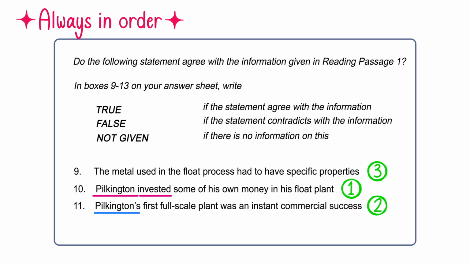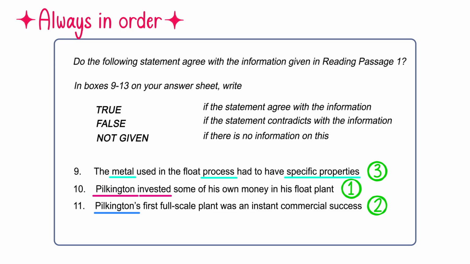And since we do not have a very easy keyword, we have to make do with some keywords we have here in question number 9. Let's read number 9 again. The metal used in the float process had to have specific properties. So metal and process are our keywords here, and of course specific properties.